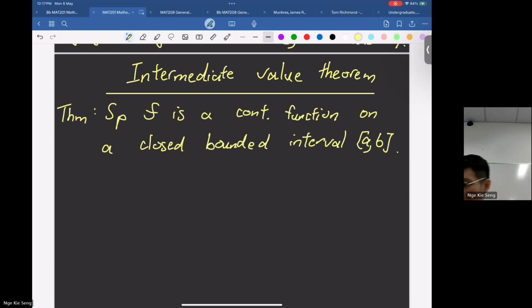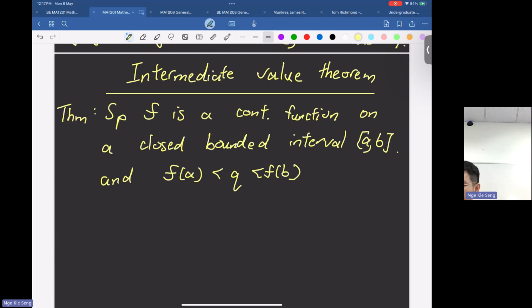And one more property here. If f(a) is less than q and q is less than f(b), what does this mean? I can apply f to a, I can apply f to b, and there's some number between these two values.